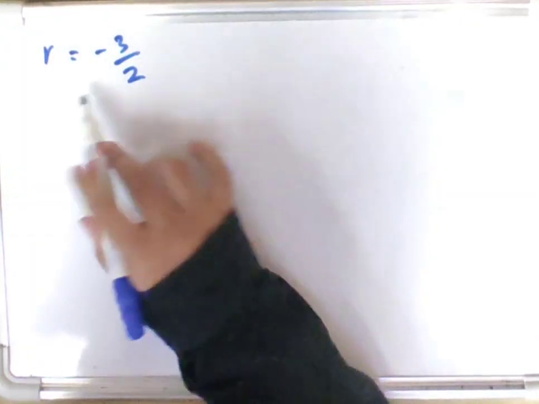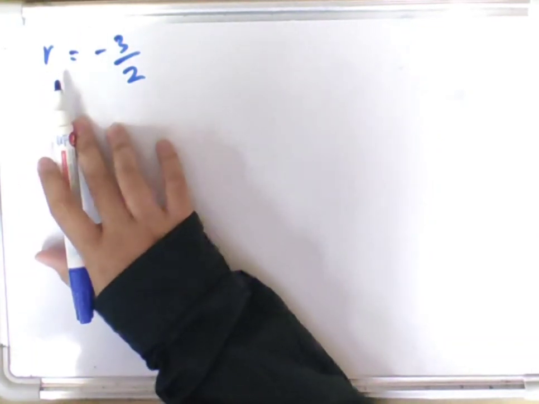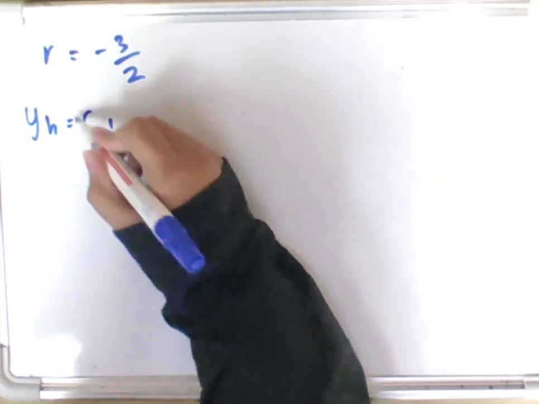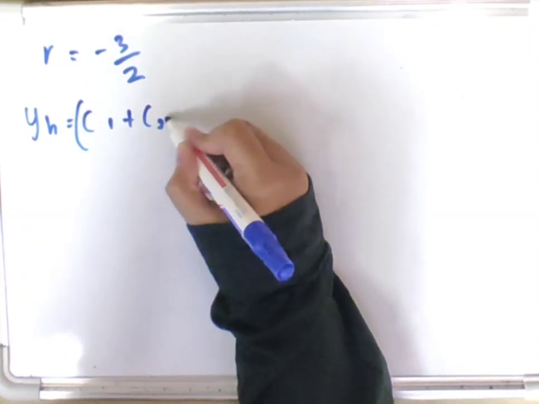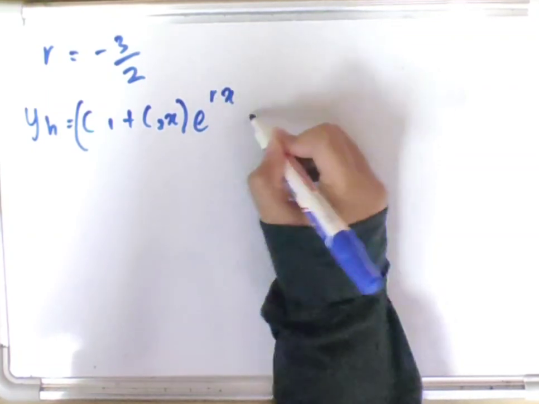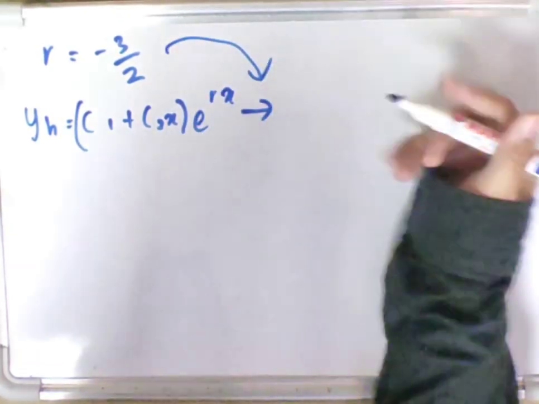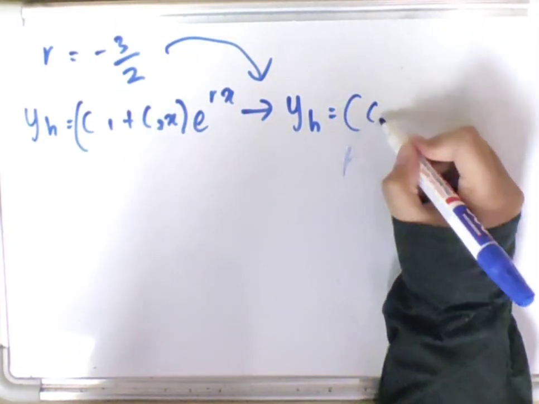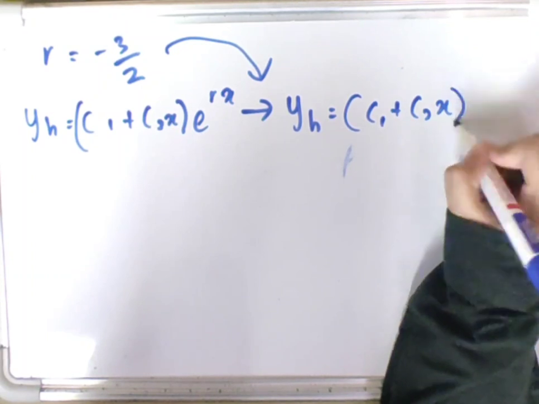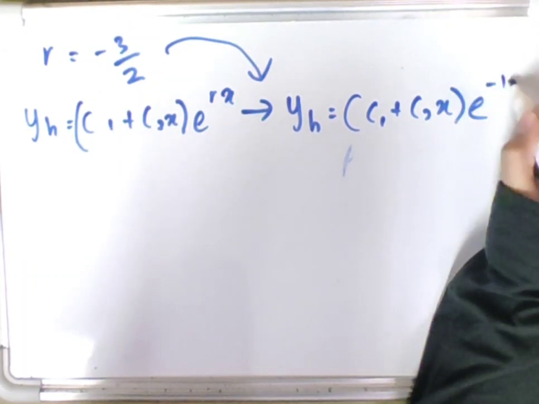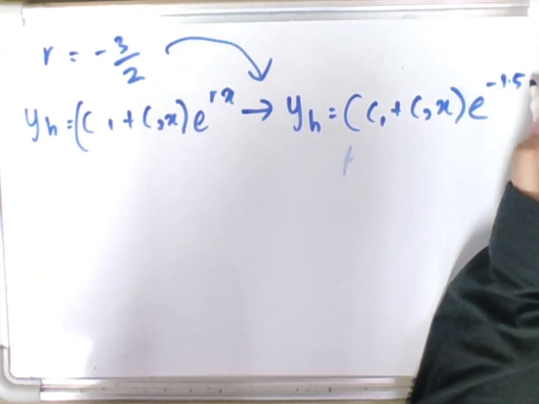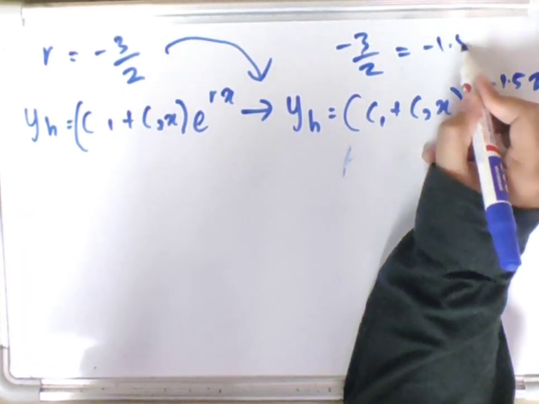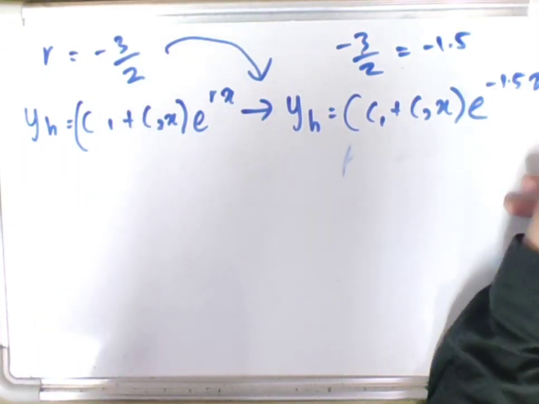Substitute r into case 3, y h equals (c1 plus c2 x) e to the rx. So y h equals (c1 plus c2 x) e to the negative 1.5x.